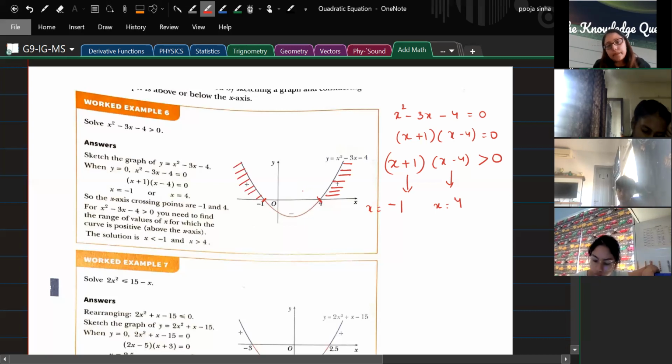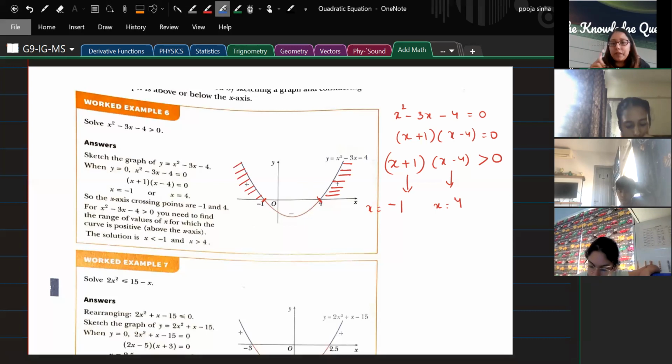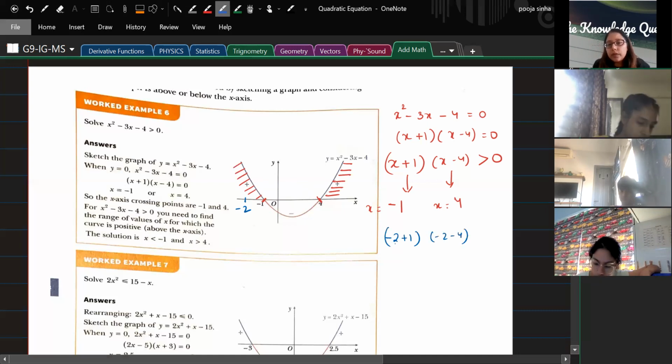But if x is less than -1, listen carefully. Suppose I take the value -2, right? Now substitute this value: -2 plus 1, -2 minus 4. What is the answer? -1. What is the answer? -6. Both together make what? Greater than 0.